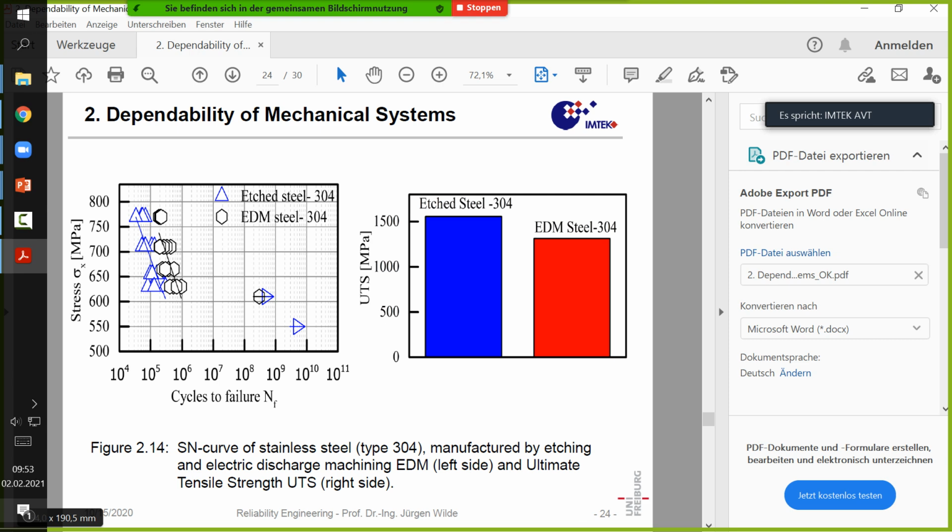That means we have consumed 10% of the lifetime just with that 1 gigapascal stress. Then you take another stress level and you again compute what fraction of life you have consumed in that way. And if the complete life consumption is more than 100%, then you can assume that the part will fail.